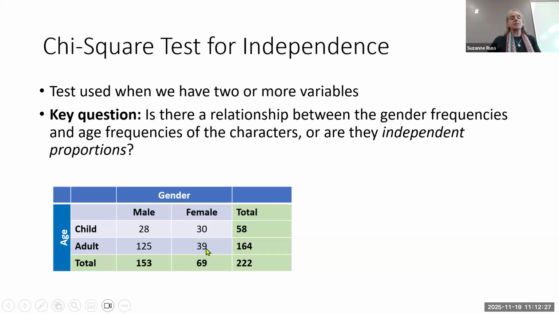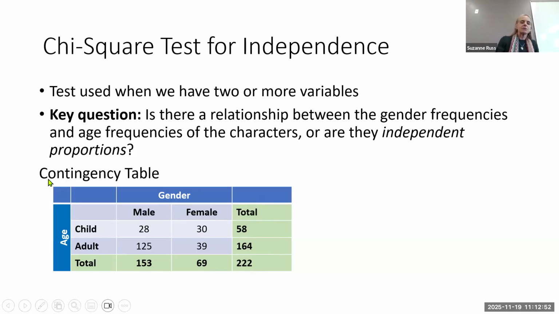How many were female? 39. We had 164 that were adult characters. So we have these total columns. These are called your row totals. And then we also have column totals. Of all of those 222 cereal boxes, 69 had female characters and 153 had male characters. All right. So that's what the data looks like.